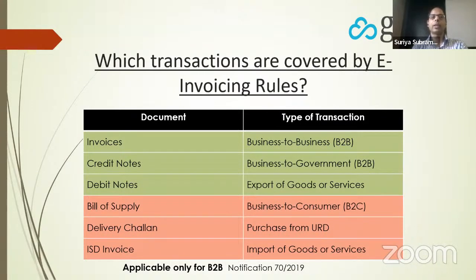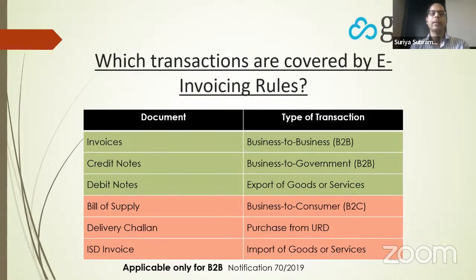There are some other documents like bill of supply. If you are supplying exempt goods, for which there are no taxes, then you will not issue a tax invoice, you will issue a bill of supply. If you're issuing a bill of supply, there is no provision to register it as an e-invoice.